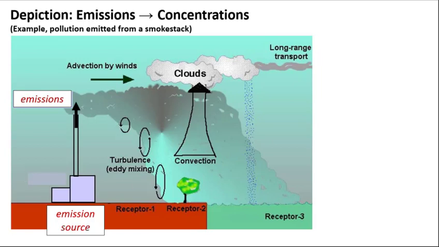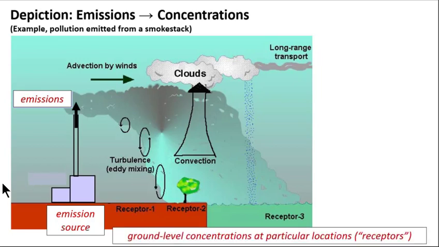Once emitted, the pollution then moves with the wind and disperses and can be subject to various atmospheric processes. This results in certain concentration levels of the pollutant depending on the time and location of downwind travel. In air pollution jargon, the location where pollution is measured or is otherwise of interest are called receptors. This image indicates 3 receptors.